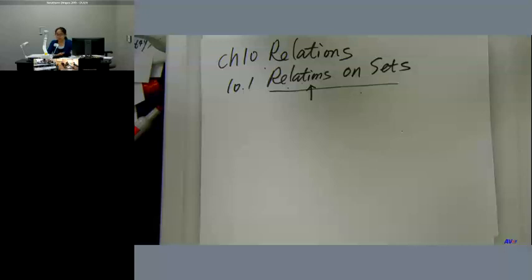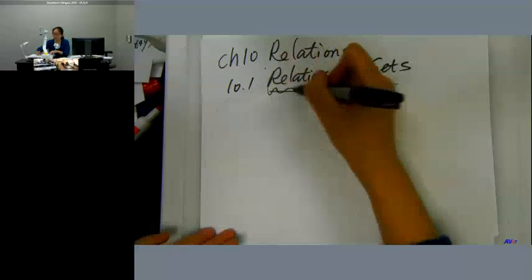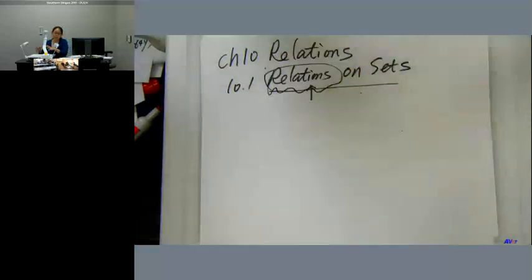Say, I am older than Elena. If I am older than Elena, I will say I am related to her. Or maybe I can say James is related to Elena because James has the same major as Elena. So the definition of the relation is usually given, and they have to tell you how they define the relation.